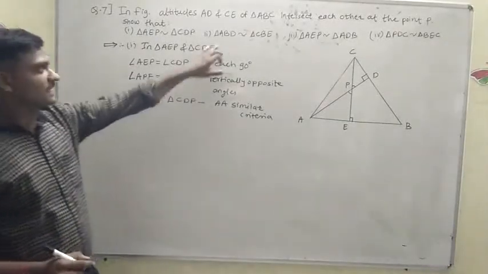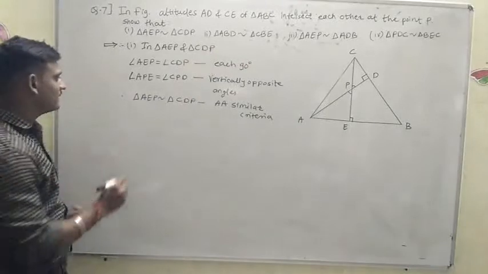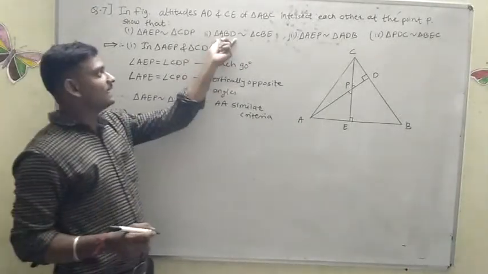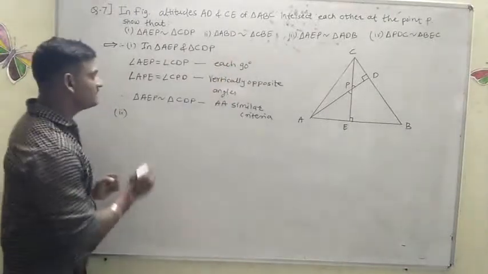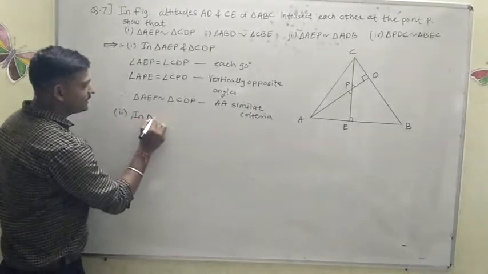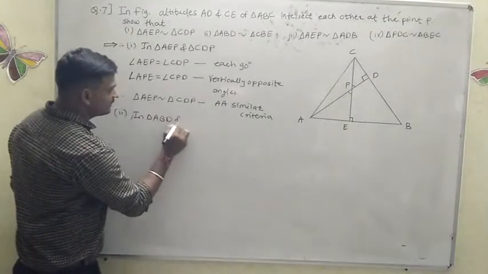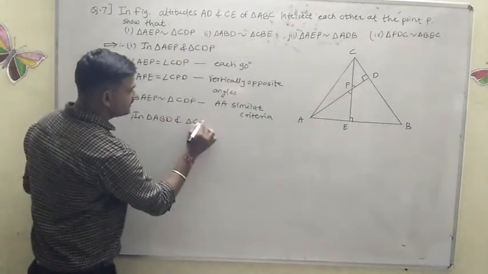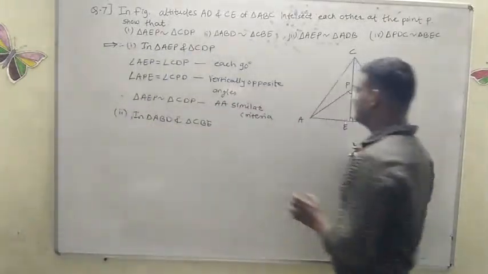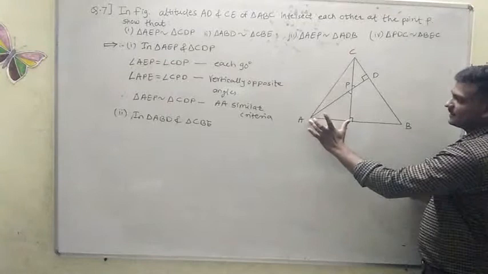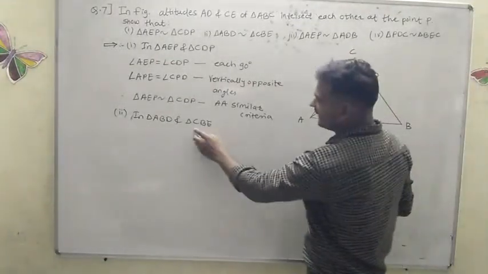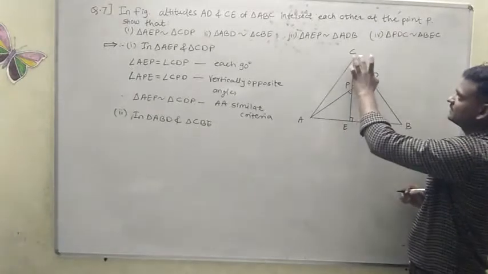Now we will prove the second proof also. See, in the second proof what we have to prove? We have to prove that triangle ABD is similar to triangle CBE. In triangle ABD and triangle CBE, see here, triangle ABD is this one, and triangle CBE is this triangle.